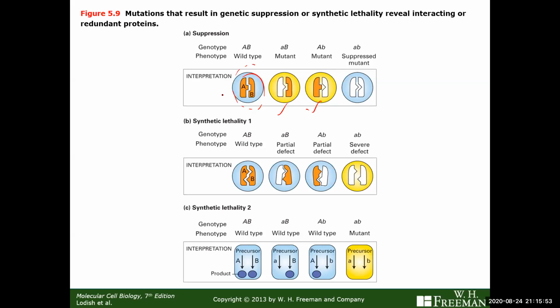Maybe you raised an antibody against it, and you biochemically purified the protein, and you saw that this A-containing protein complex has a higher molecular weight than the molecular weight of A. So you knew that A is interacting with some other proteins, and you want to know what those proteins are.